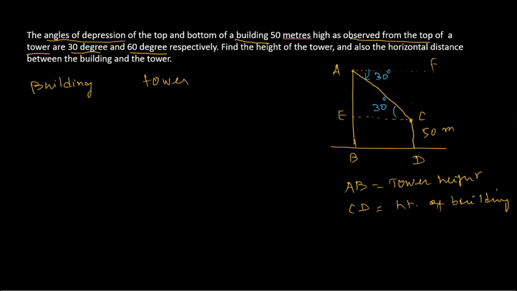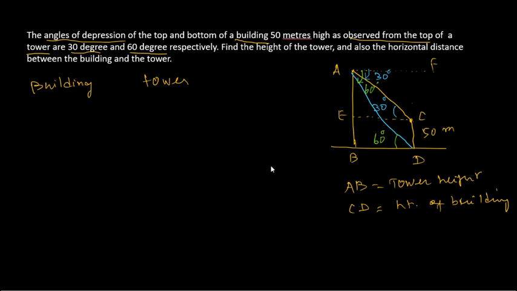Is it clear? Right. And then here another line is drawn, and it is at the bottom. So the angle will be, let me indicate with green color, this is 60 degree. Therefore, alternate interior angle, AF is parallel to BD, so it should be 60 degree.